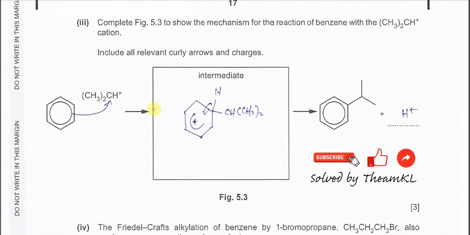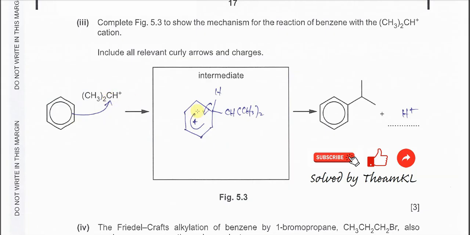Part 3, complete figure 5.3 to show the mechanism for the reaction of benzene with the carbocation that we mentioned just now. Very easy. You need to draw one arrow from the benzene ring pointing to this carbocation. It must point to this carbon because the new bond will form between the benzene ring carbon and this carbon.